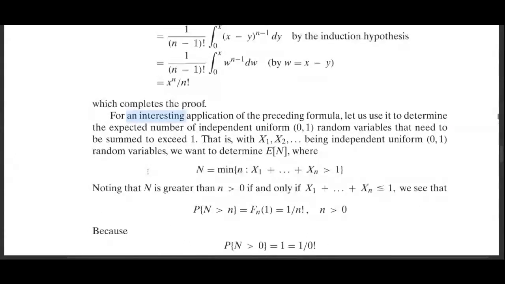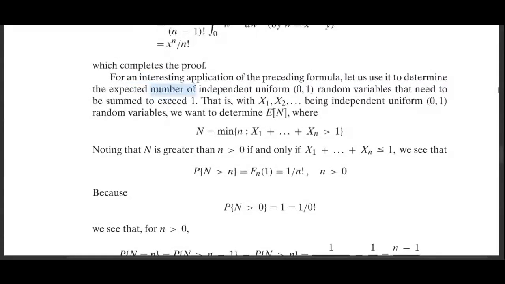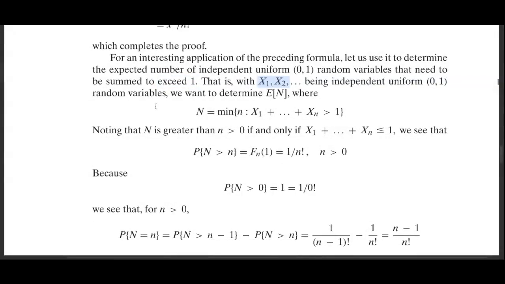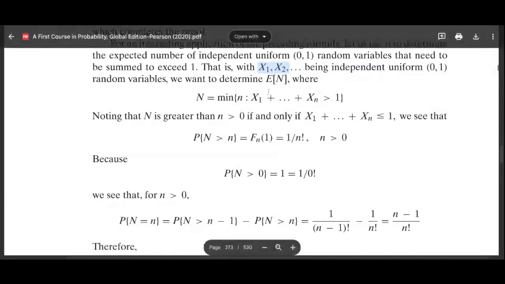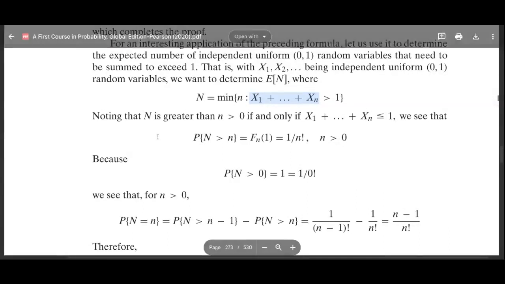An interesting application of this: let's use it to determine the expected number of independent uniform 0 to 1 random variables that need to be summed to exceed 1. With X1, X2 being independent uniform random variables, we want to determine the expected value of N, where N equals the minimum n such that the sum of the X's is greater than 1.